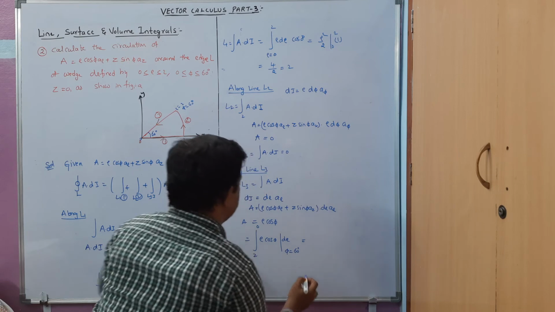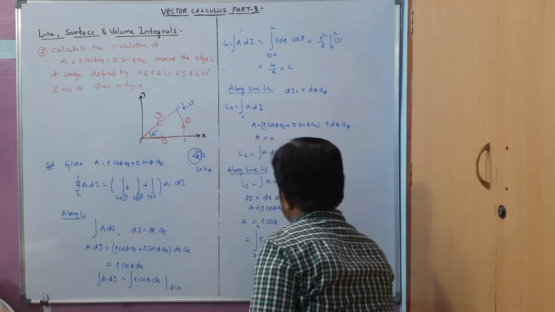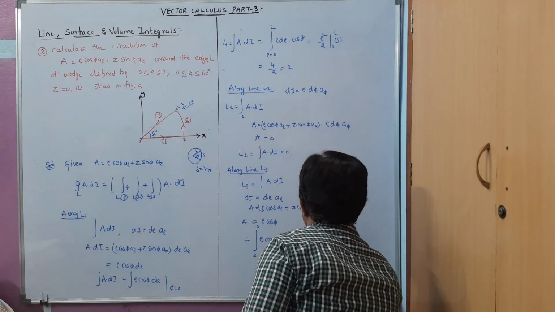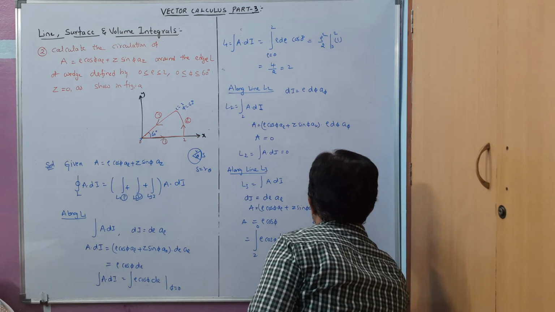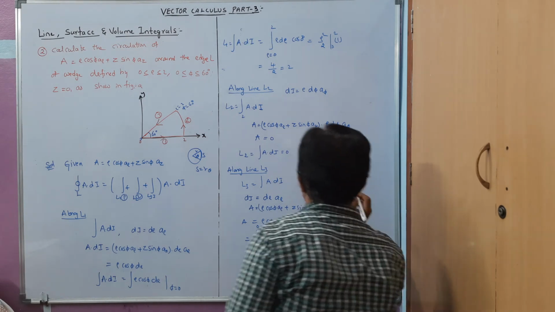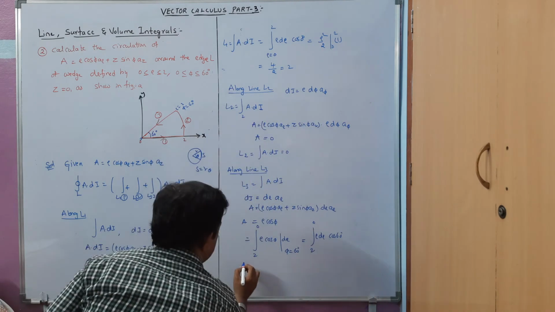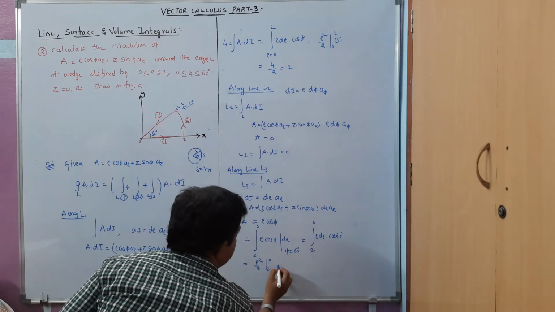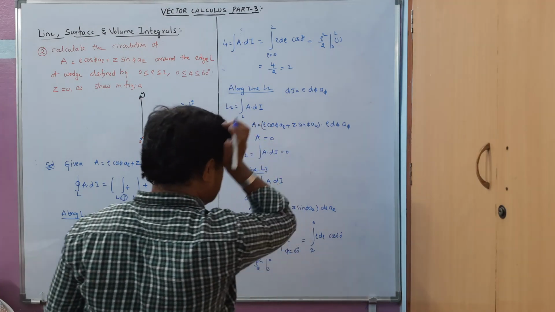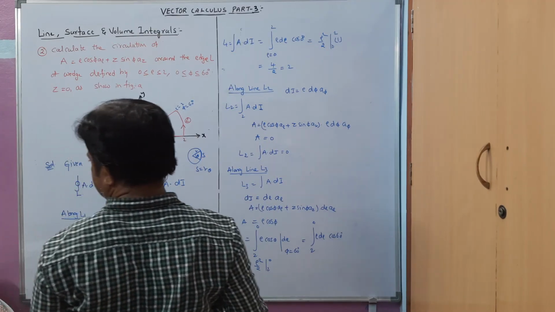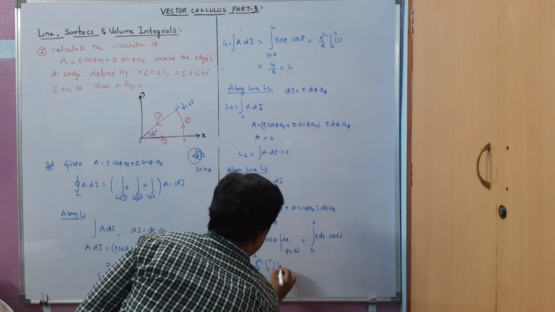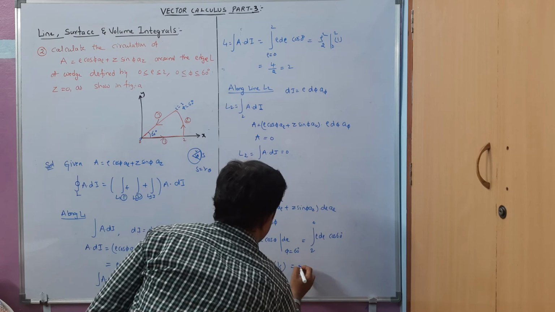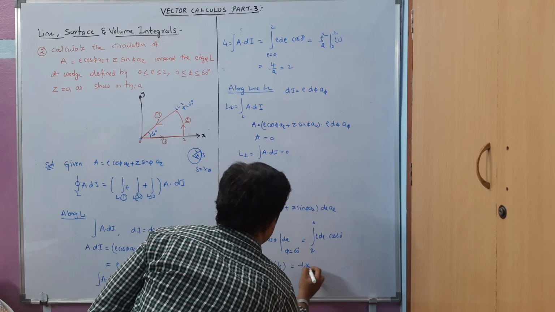So the integral from 2 to 0 of rho d rho cos 60 degrees becomes rho square by 2 from 2 to 0, and cos 60 becomes 1 by 2.